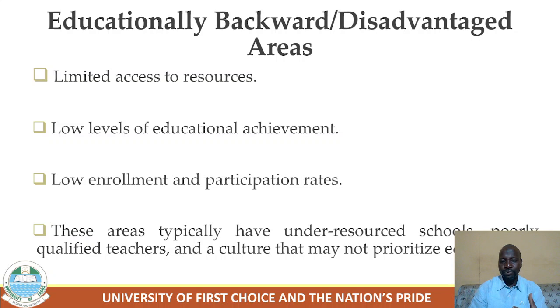And when that happens, the people living there may not attach value or seriousness to anything that is education. So these are characteristics of an educationally backward or disadvantaged area.